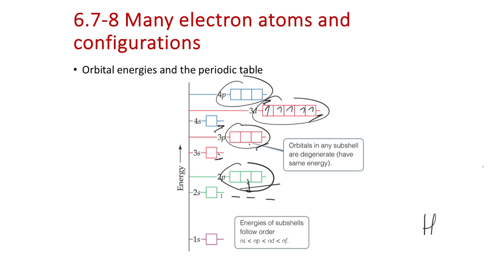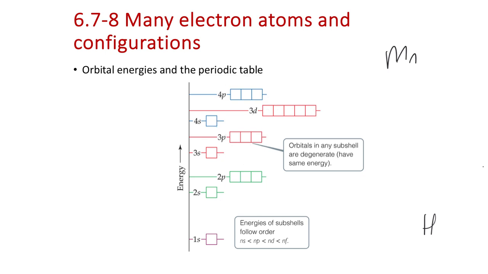This might jump ahead a little bit, but if we're looking at the configuration of manganese, right in the middle of the d block, there are 2 ways we can write this. We can write it from scratch: 1s2, 2s2, 2p6, 3s2, 3p6, 4s2, 3d5. That's nice to be able to write, but we can also go to the nearest noble gas.